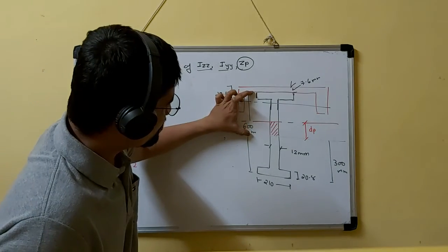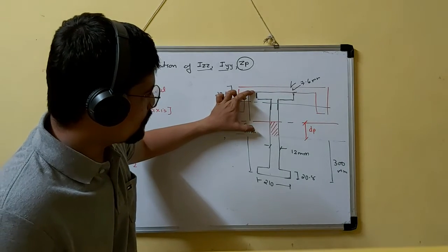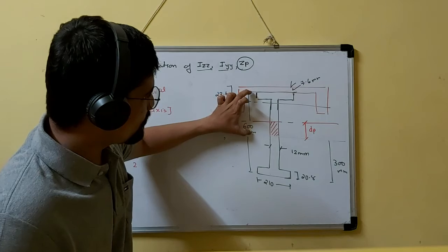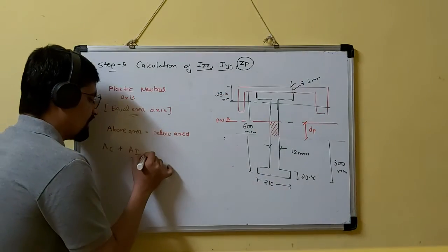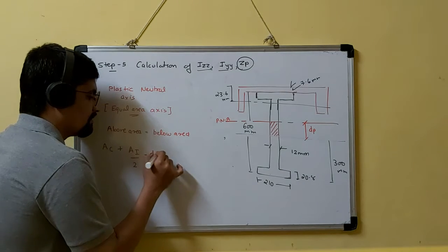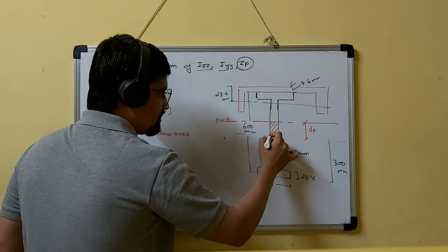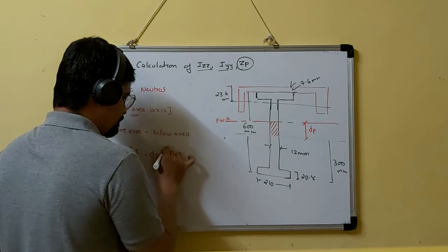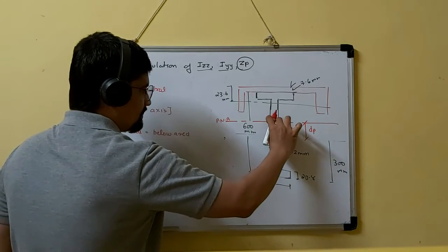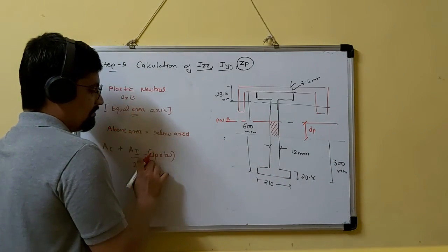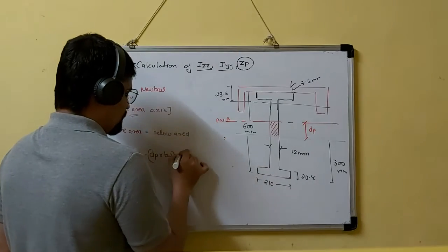The area of the I section divided by 2 is this. But our axis is from here, so we are deducting this portion from AI by 2. Deducting means we subtract dP times TW. This area is B into D, where B is our TW, the thickness of web, and D is dP. So B into D is dP into TW. Anything left? No. This is equal to the below area.